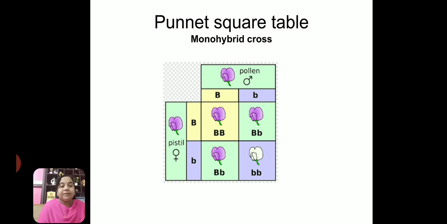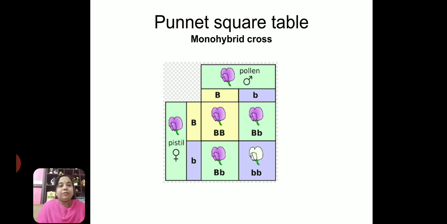The pollen produces two gametes, capital B and small b, on top of the table, and the female pistil produces two gametes, capital B and small b, on the side. In each square we fill in the alleles from above and from the side: capital B capital B, then capital B small b on the top right, small b capital B in the bottom left, and small b small b in the bottom right.